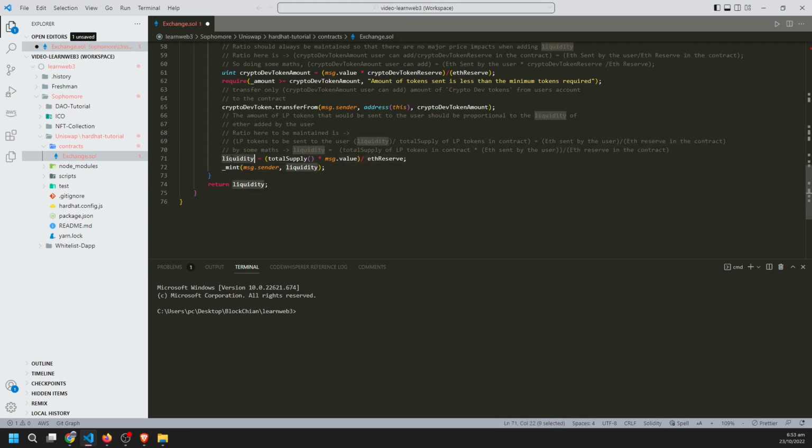So that's what the liquidity is, and that is going to be minted. So let's move on to the next function.